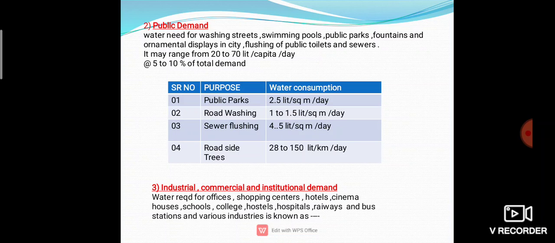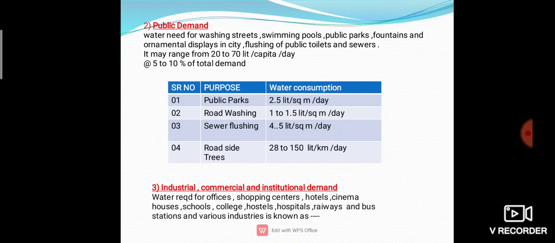Then for sanitary purposes, water is required for cleaning public sanitary blocks and market yards. The average is about 4.5 liter per square meter per day, or 2 to 3 liter per head per day. Roadside trees and road washing are also included in public demand.